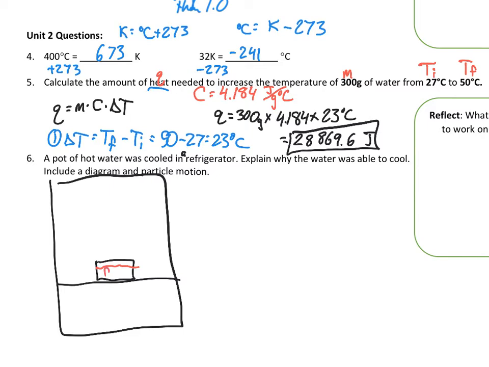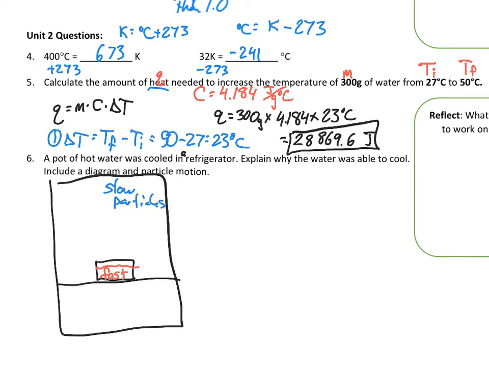So the pot of hot water has fast particles. The air in the refrigerator has cold or slow particles. See, I just did the thing I said not to do. These are slow particles. So what is going to happen?